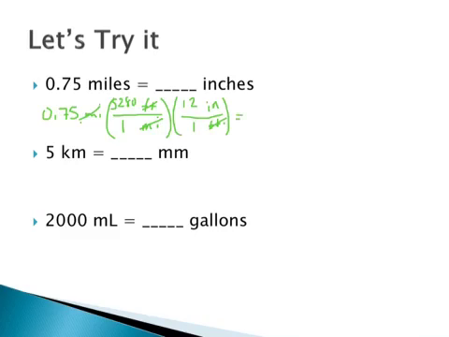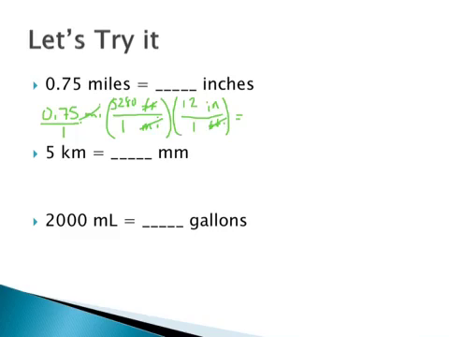Now punching this into your calculator, the way you should do it is you have all your numbers in the numerator. Think fractions. When multiplying fractions, all the numerators multiply together, all the denominators multiply together. So this is really 0.75 over 1. I have 0.75 times 5,280 times 12, and then my denominators are all 1, so I'm dividing by 1.